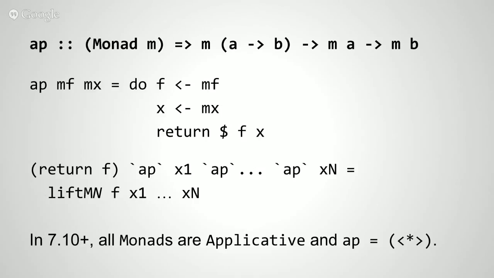So you're just applying the function inside the first monad to the second one and giving you a monad of the B type back? Yeah, with that function applied to it. Seems like conceptually unsafe for some reason. No, it's perfectly safe. I mean, it can be confusing depending on the monad, because as I discussed before, with lists, the monadic do notation is list comprehensions.